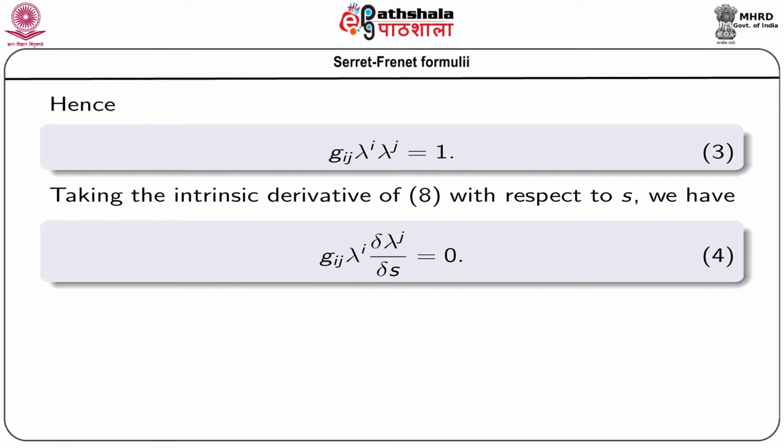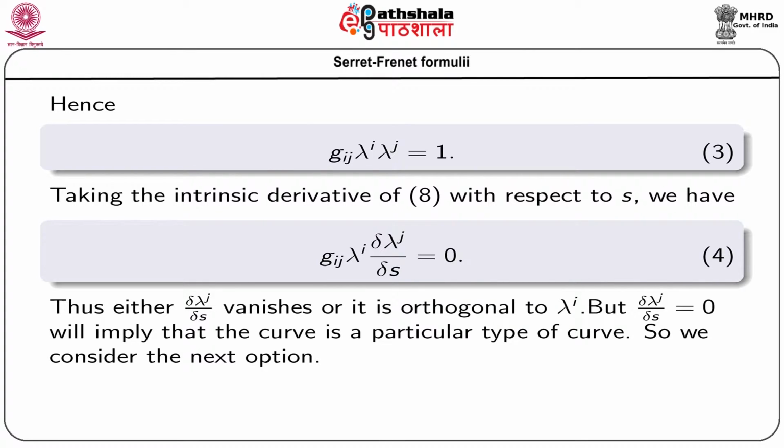Actually, if we take the intrinsic derivative of equation number 8 and change the dummy index from i to j and j to i, we shall get twice g_ij lambda^i δlambda^j/δs equal to 0, which implies g_ij lambda^i δlambda^j/δs equal to 0.